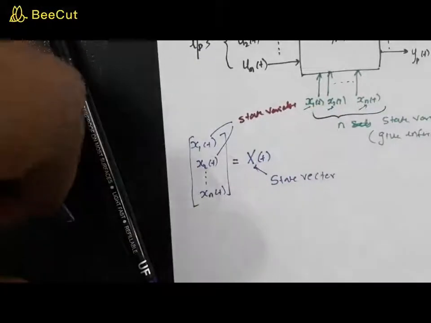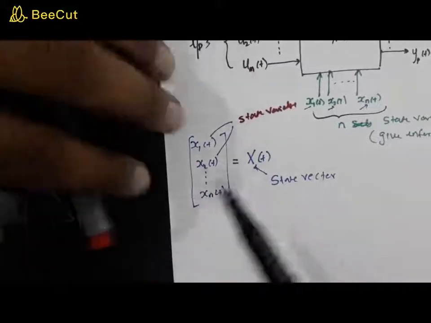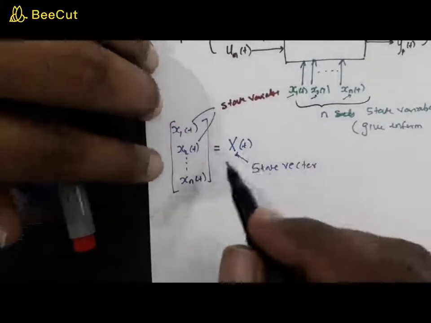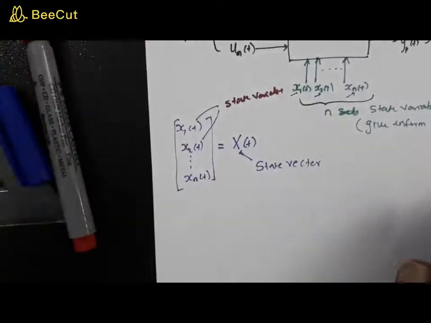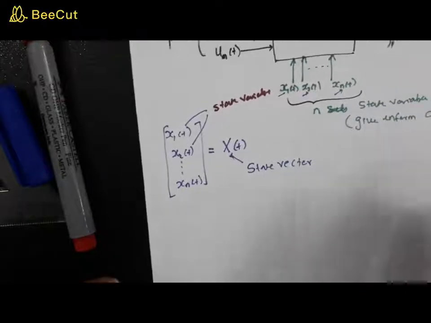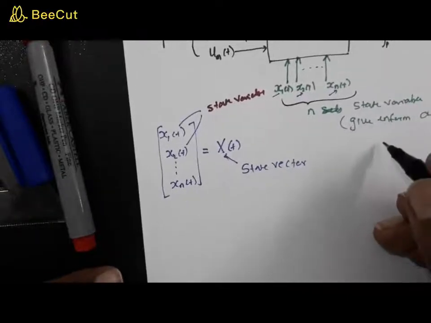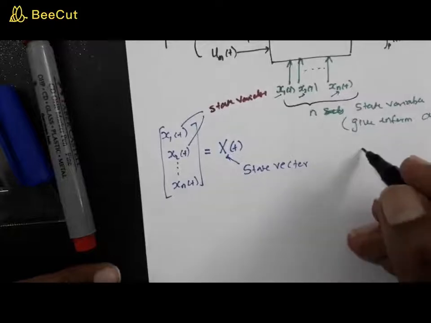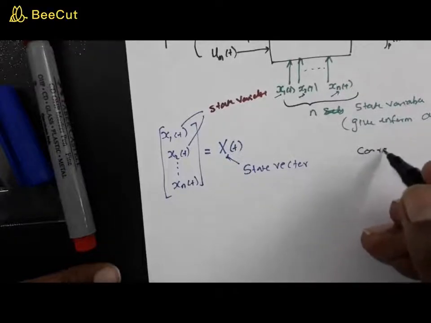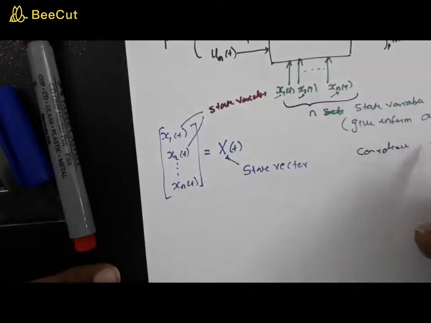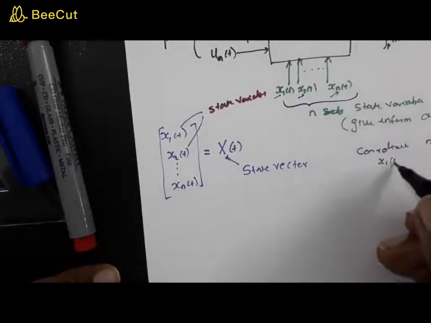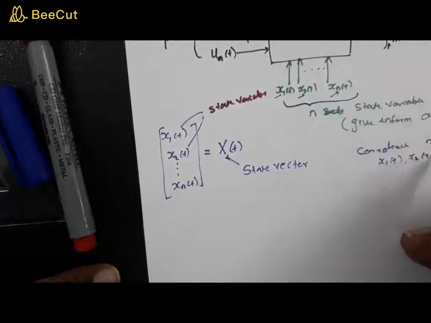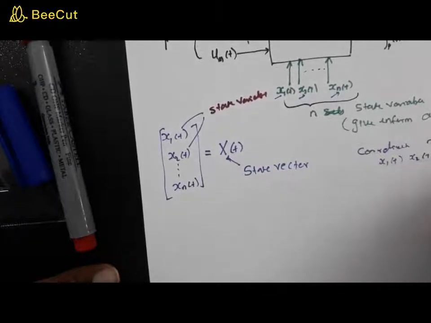Now, in order to represent this x of t in an n-dimensional space, you can consider a coordinate system with n axes, that is the x1 of t axis, x2 of t axis, up to the xn of t axis.